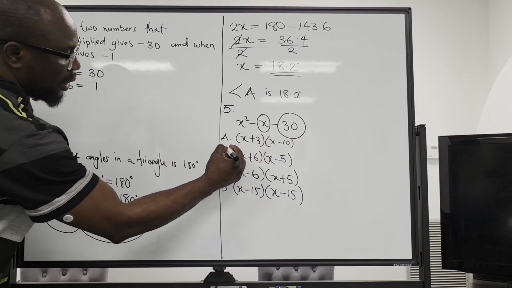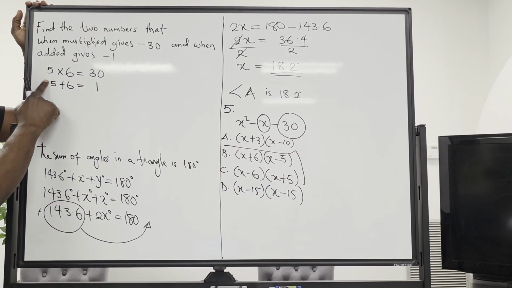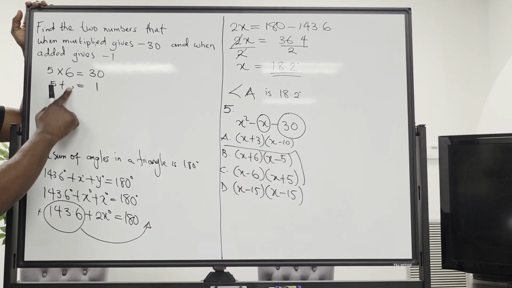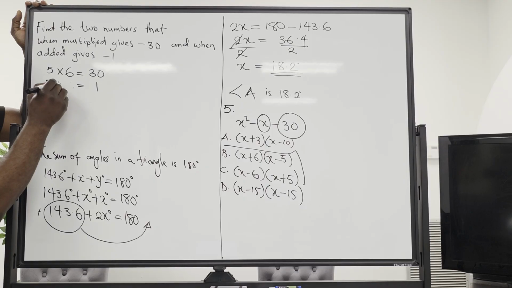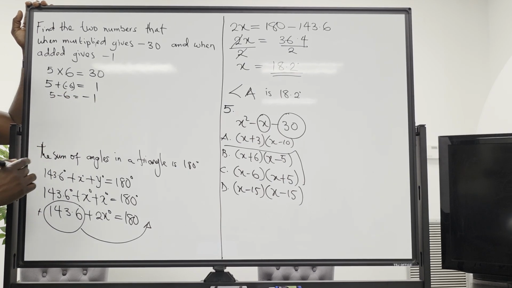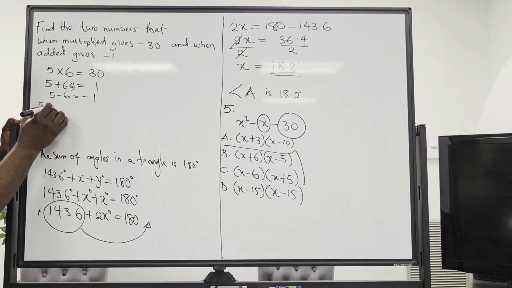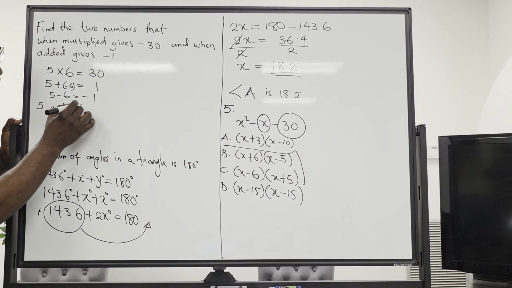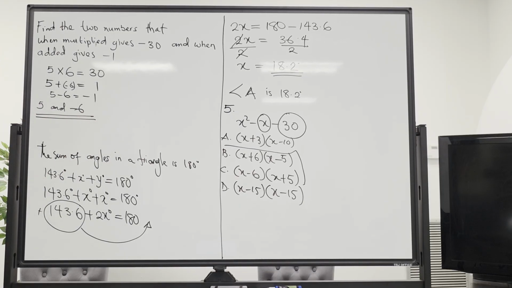That's why these two can be very confusing. But if I say 5 plus minus 6, then 5 minus 6 gives me minus 1. So the two numbers I'm looking for are 5 and minus 6.